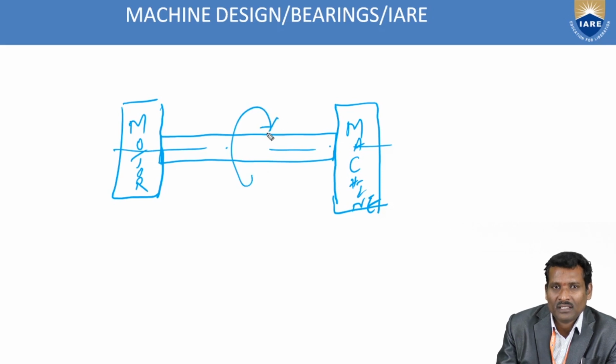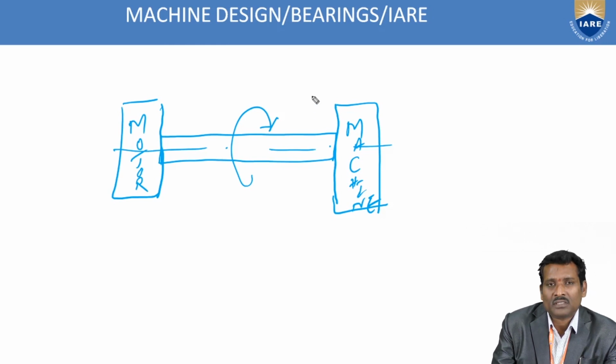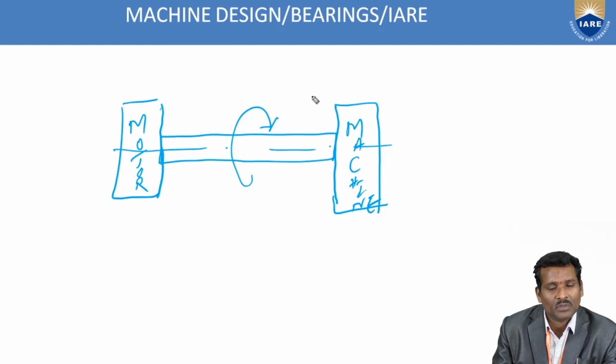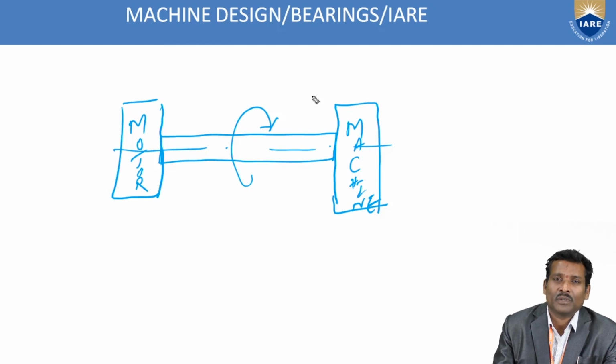While rotating, various types of loads are acting on this shaft. It may be vertical loads, it may be horizontal loads. Due to these vertical or horizontal loads, some bending moment will occur in the shaft. Due to the torsion, torsional shear stress will be produced.